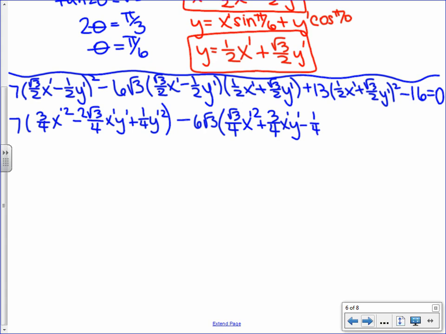Negative 1/4 xy, and then our last, negative radical 3 over 4 y prime squared. You have a question? It's supposed to be a radical 3 because it's radical 3 over 2 times 1.